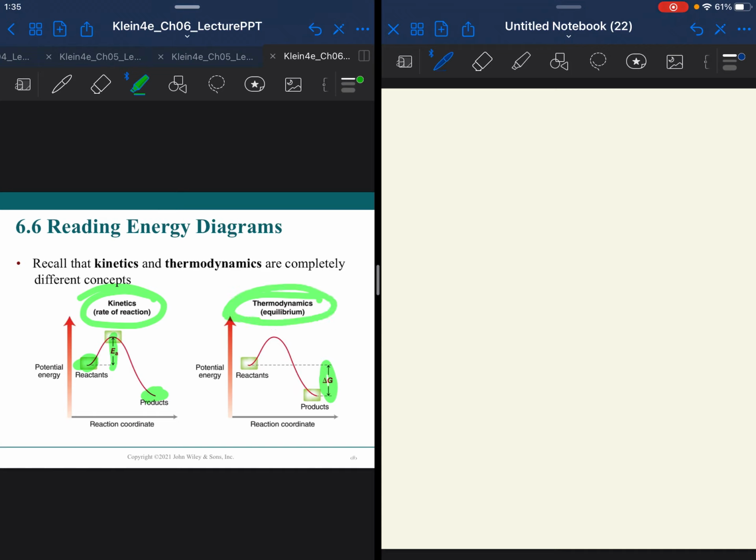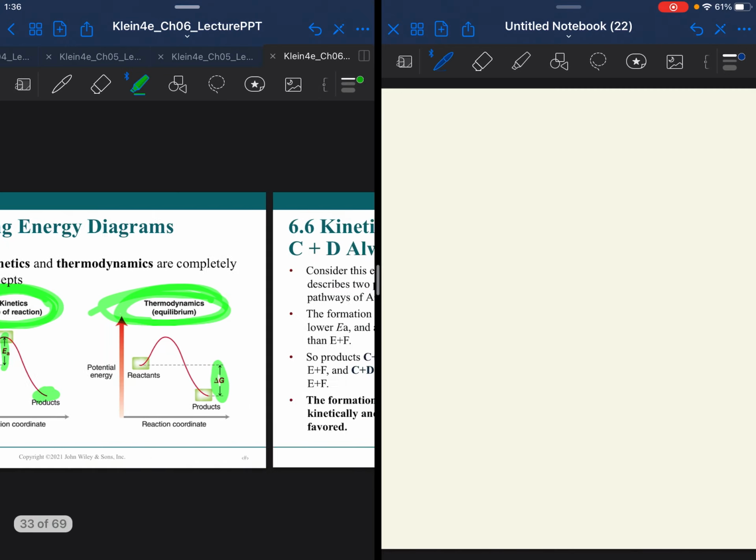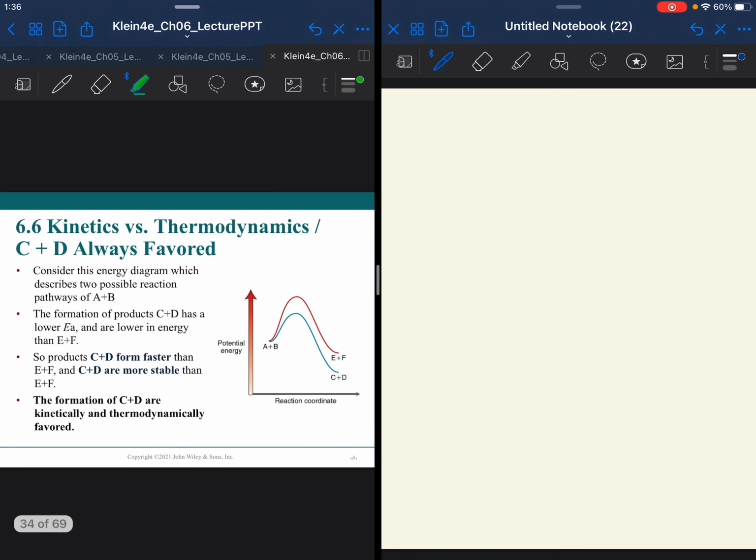The thermodynamics of a reaction, right? What do the products versus the starting material look like? That is more directly tied to the difference in energy between reactants and products. And sometimes kinetics will drive a reaction to a certain product. Sometimes thermodynamics will drive a reaction to a different product. We will see examples of that, particularly in organic 2.